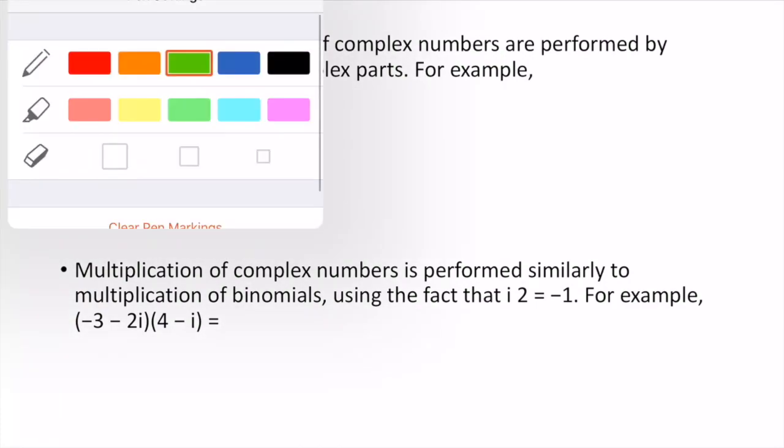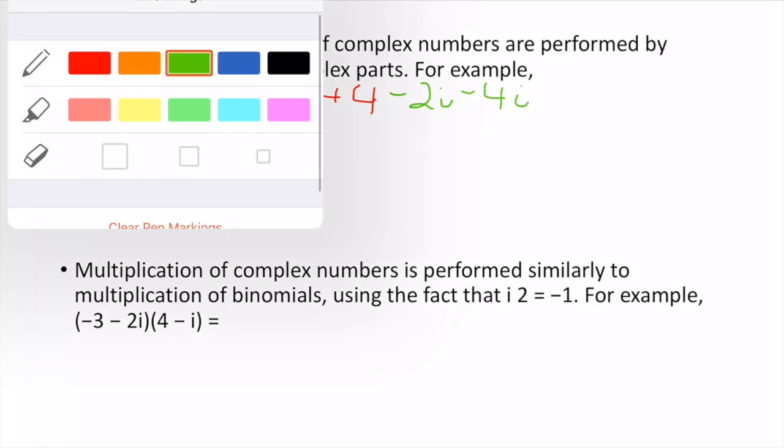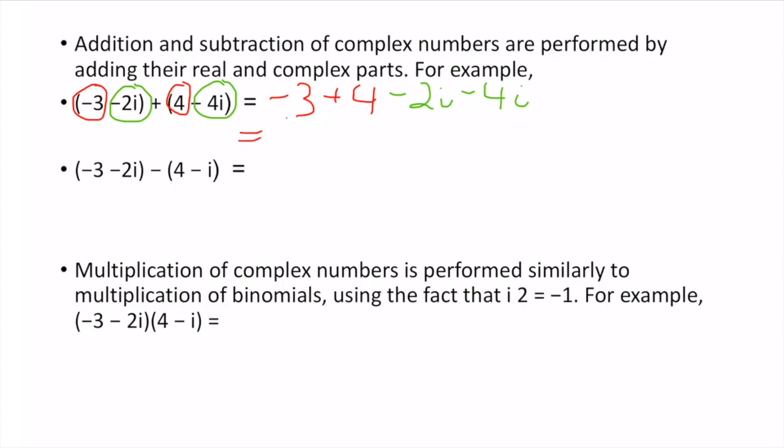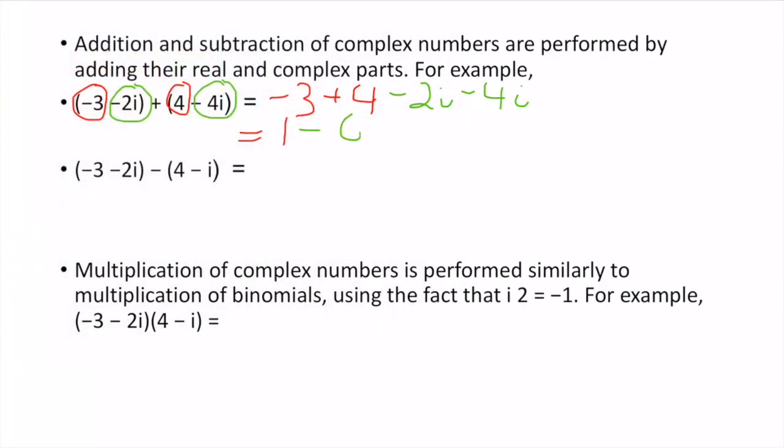So we will add our numbers together, so we have -3 plus 4, and then we have -2i minus 4i. When we finish this up, this is just 1 minus 6i. So adding and subtracting them is fairly simple, we just want to go back to collecting like terms.